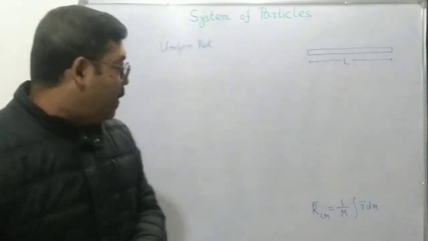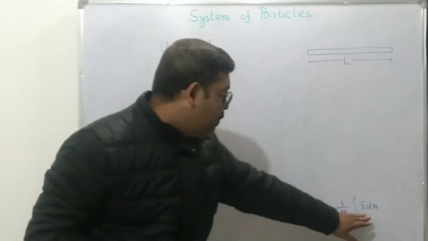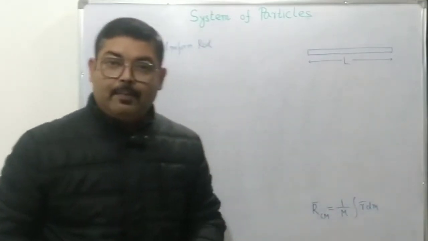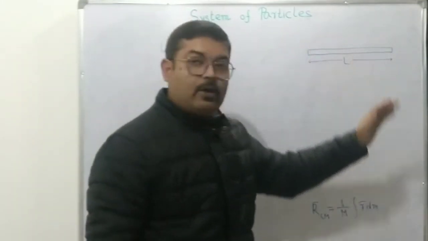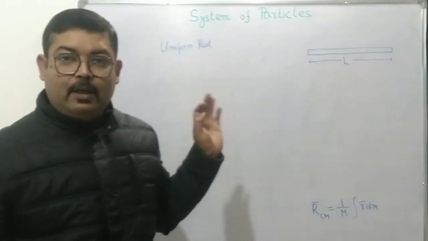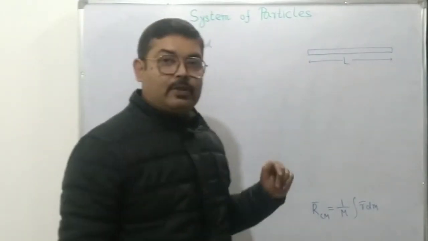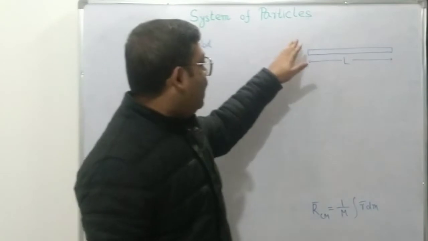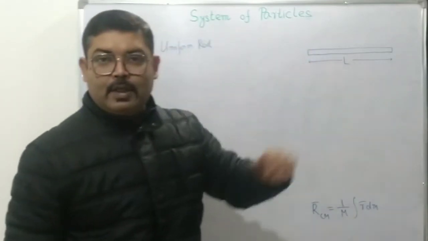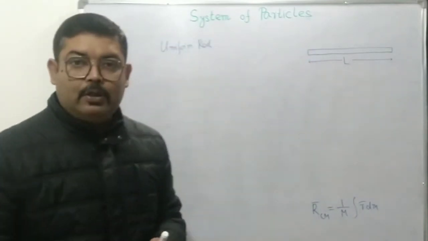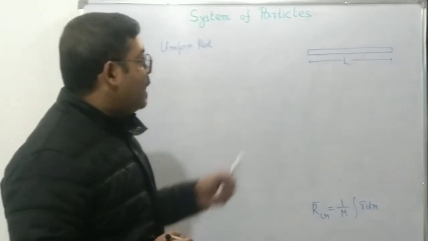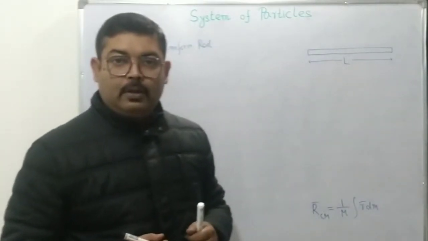Now the equation that we have is RCM equal to 1 by m integration r dm. Since it's a rod, we can consider it as a one-dimensional object, and so we will be considering only the x direction. We will choose the x-axis along the length of the rod.